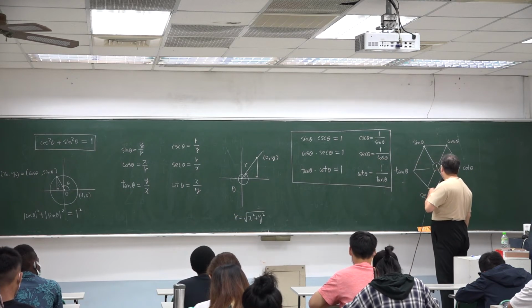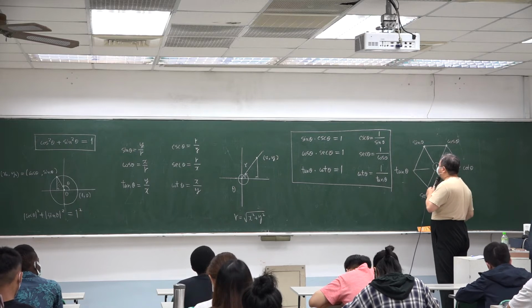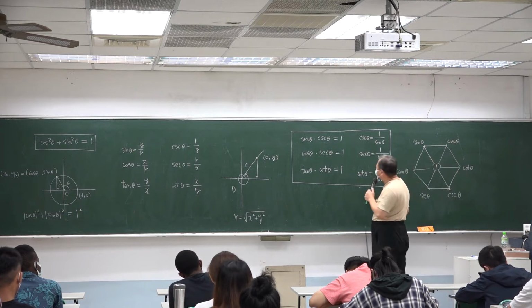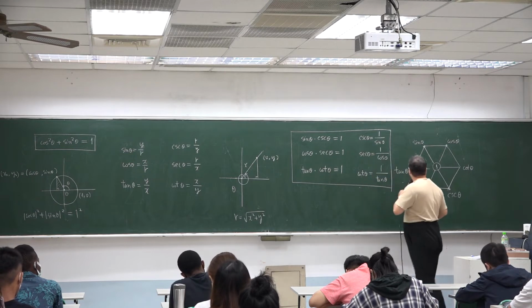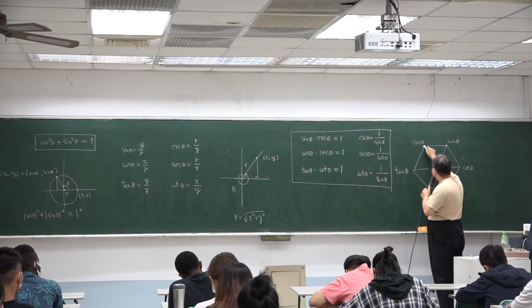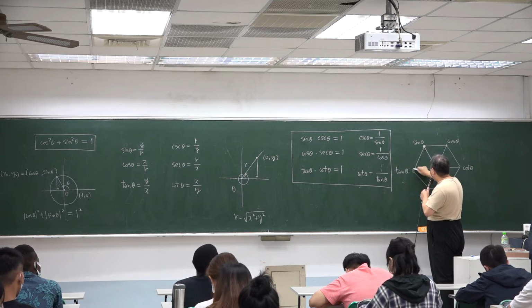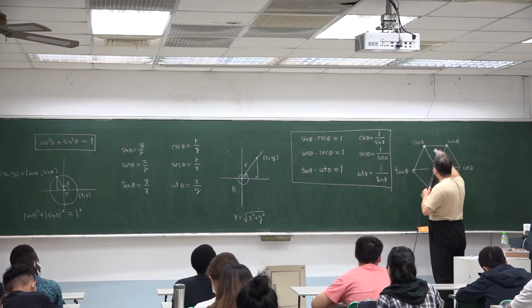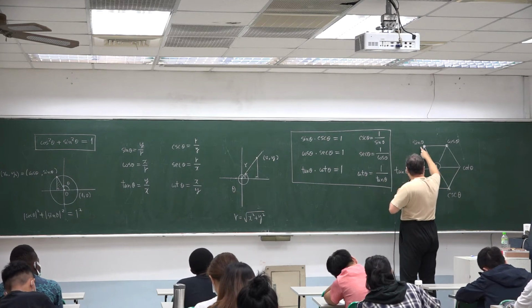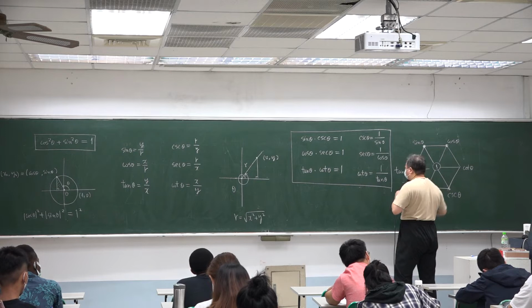Next, each position, each vertex, is the product of the adjacent two functions, two ratios. So we have sine theta is the product of tangent and cosine.